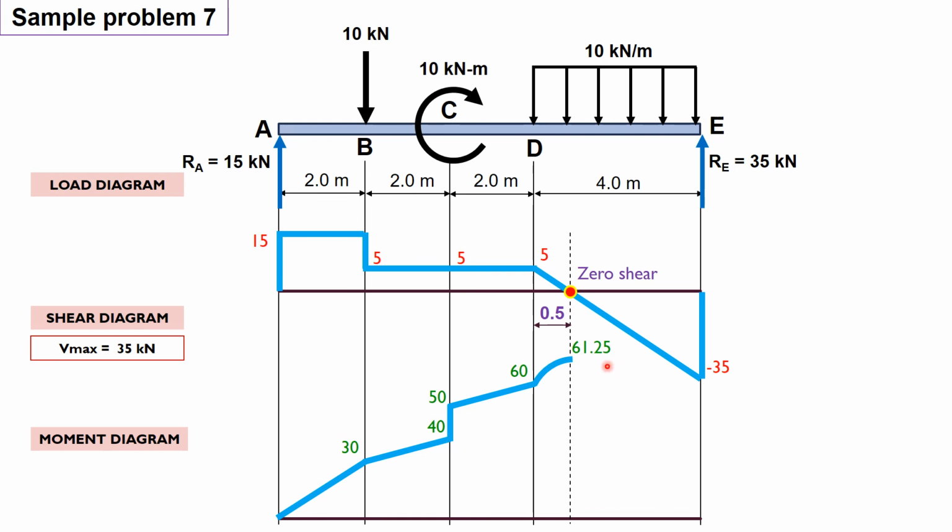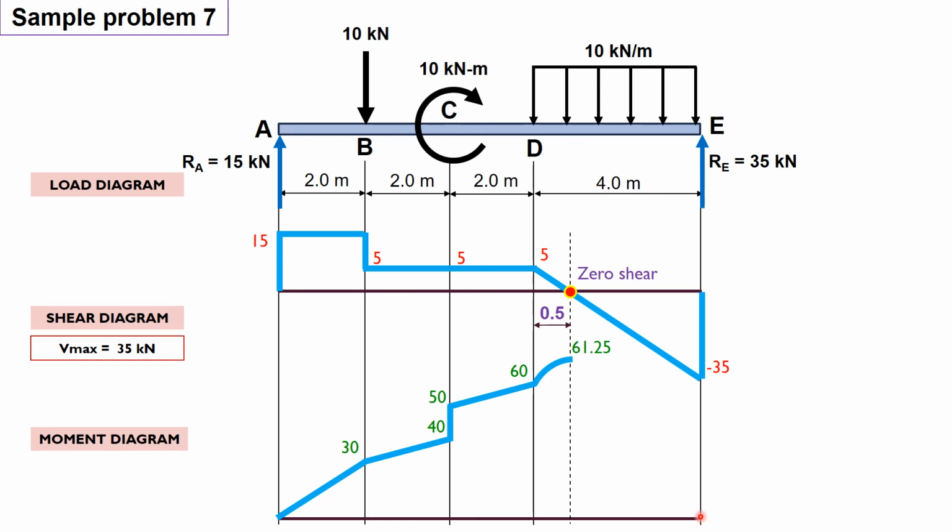And we have seen that this is the greatest value mula among these other values sa ating beam. Kasi alam natin na 0 na dito. Dahil wala na tayong ibang makikita na point of zero shear, kundi ito lang. So, pwede na tayong dumiretso dito na 0 naman ang moment.